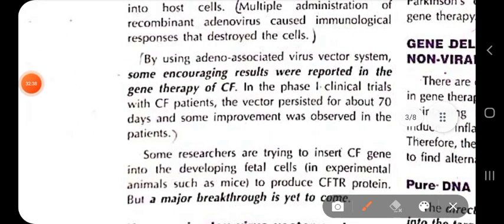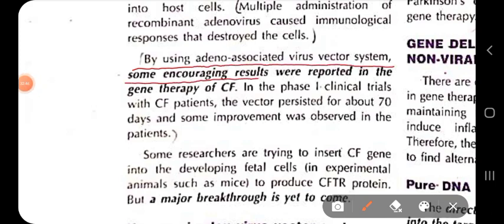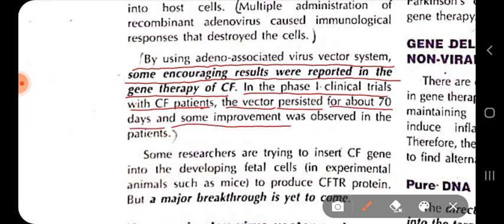So it is saying here, by using adeno-associated virus vector system, some encouraging results were reported in the gene therapy of cystic fibrosis. During the phase 1 clinical trial with cystic fibrosis patients, the vector persisted, that means it remained for about 70 days, and some improvement was observed in the patients.